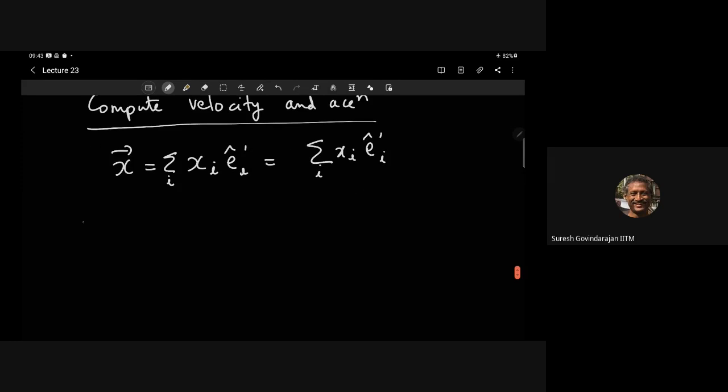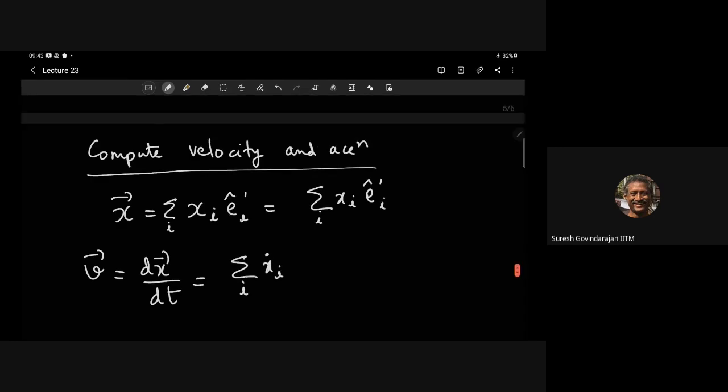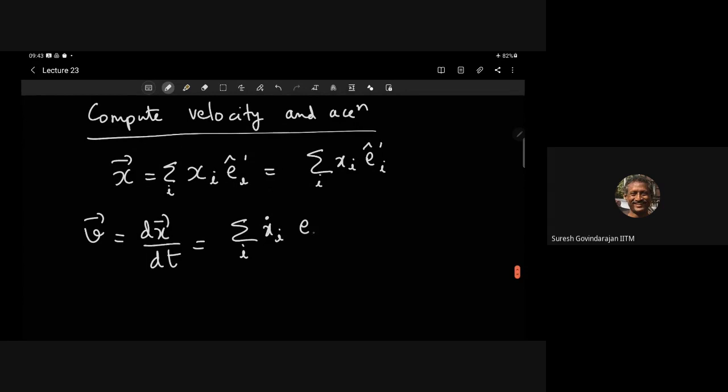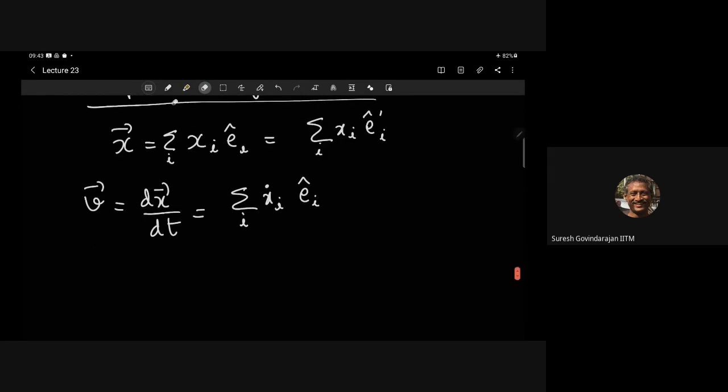So what is velocity? Let's just do this. In frame O, this is all that is happening. This is in frame O.